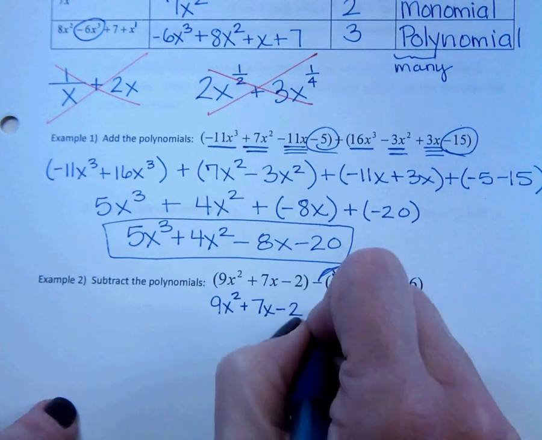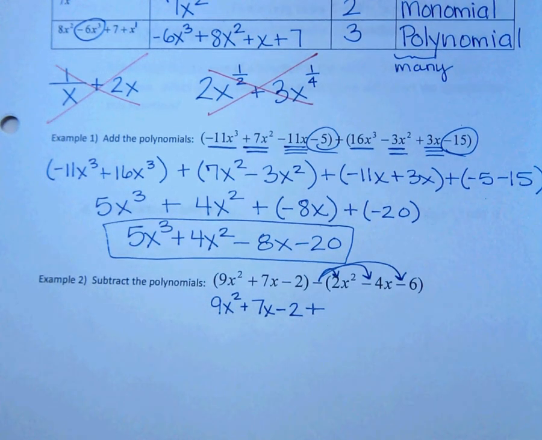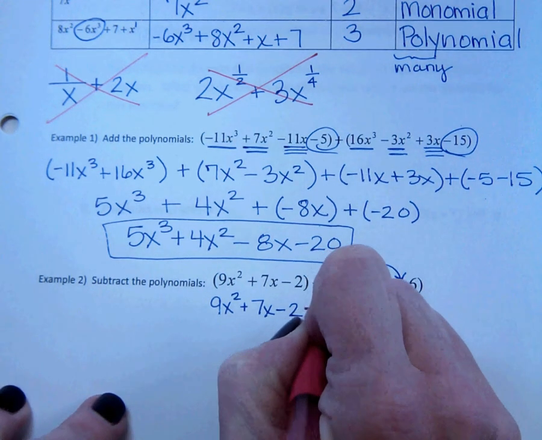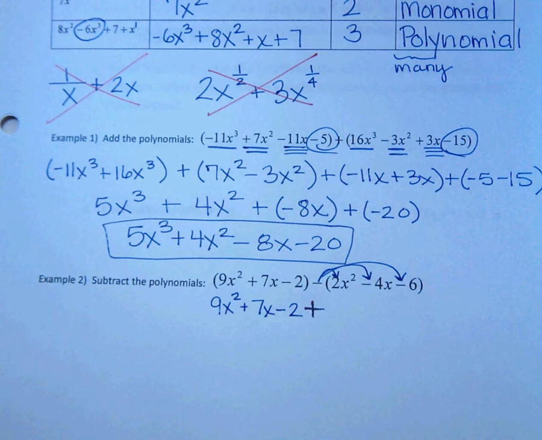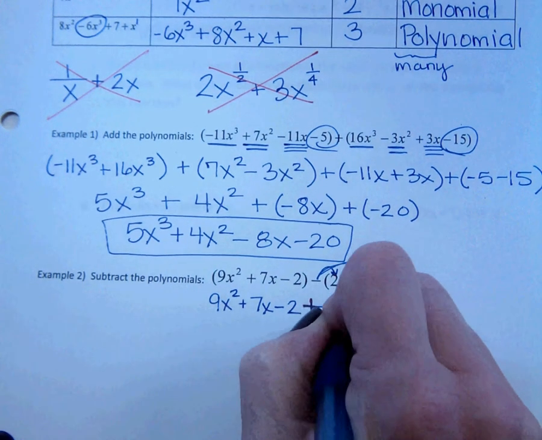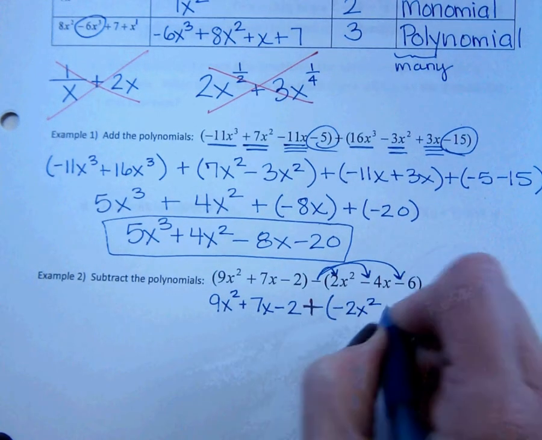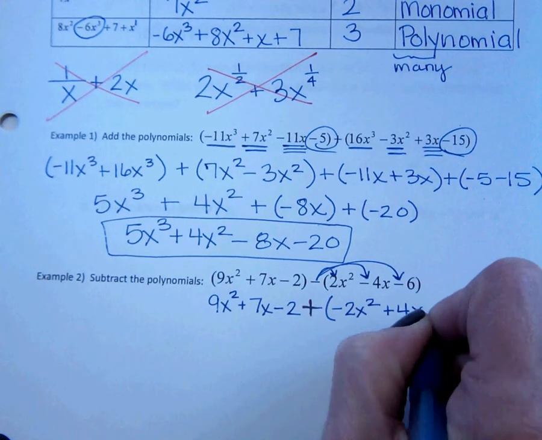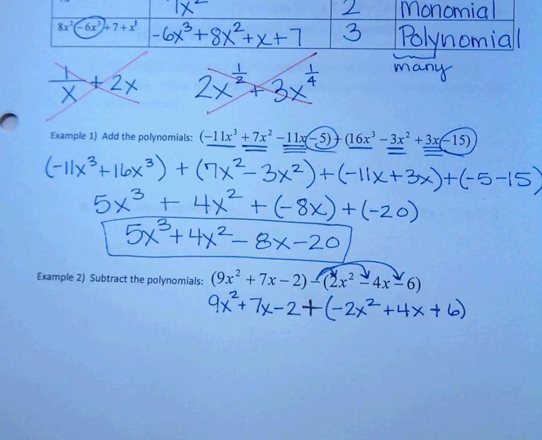So this becomes plus, notice how that subtraction sign turned into a plus sign. Remember, subtracting is the same as adding the opposite. So now this becomes negative 2x squared, this becomes plus 4x, and that becomes plus 6. So by distributing the negative sign, I've changed the sign of everything inside the parentheses.